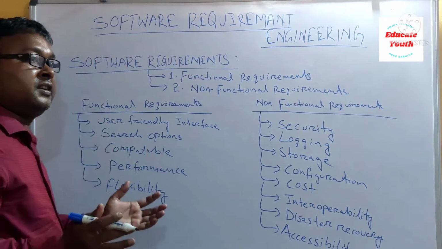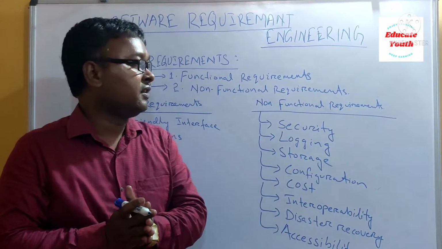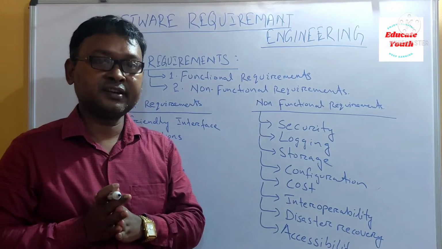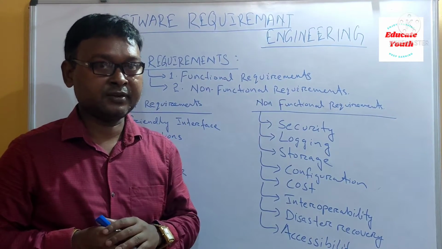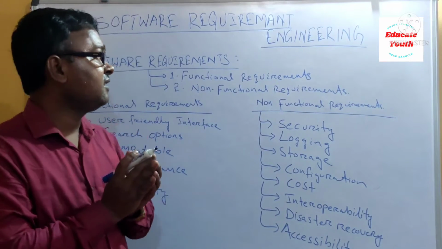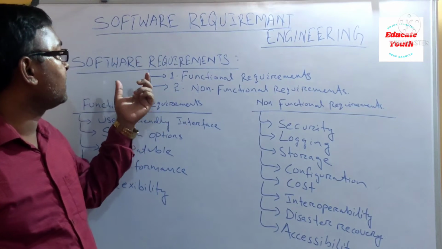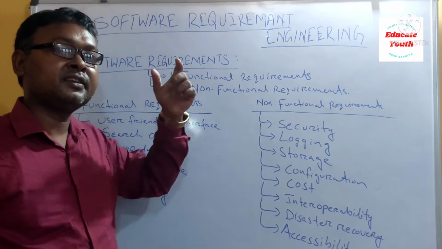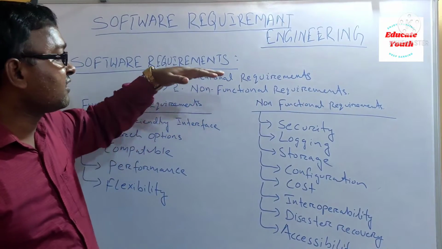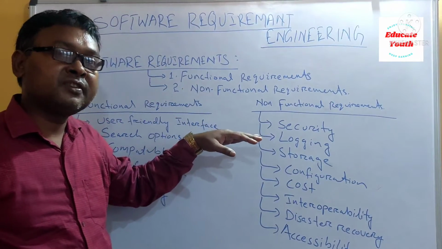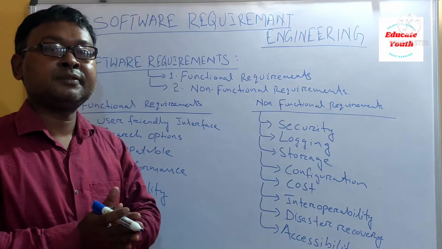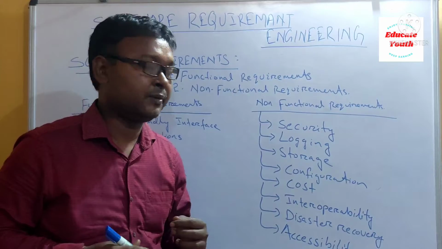For example, when a project has come to the company and the company people are ready for development of that project, the first thing you should keep in mind is that you need to analyze what the software requirements are, what the functional requirements are and what the non-functional requirements are. That is very important to analyze before going for the development process.